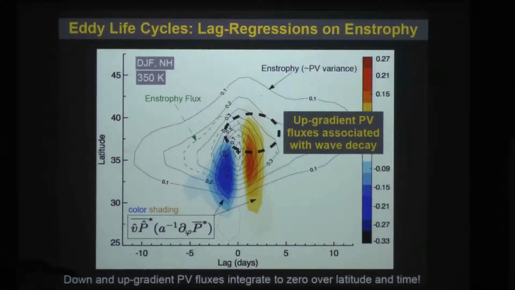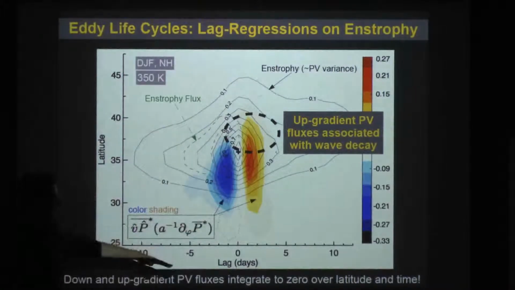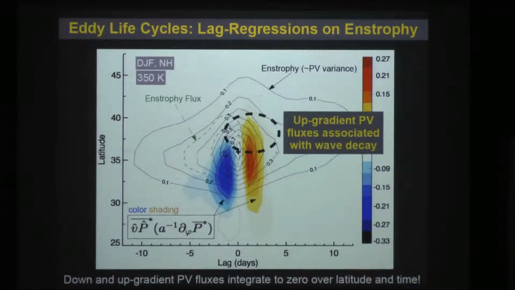If I take this entire region here, where all the wave activity happens, and I average across this entire region in latitude, what I'm doing in that case is taking into account that there's a poleward jet shift. And if I do that, you can actually visually see that the blue and the red are really going to cancel each other.